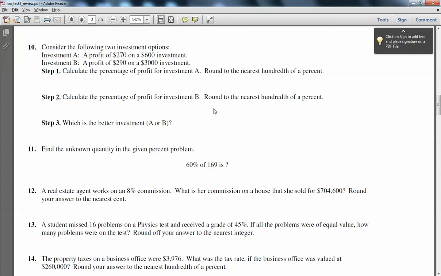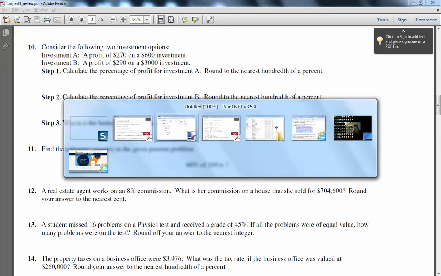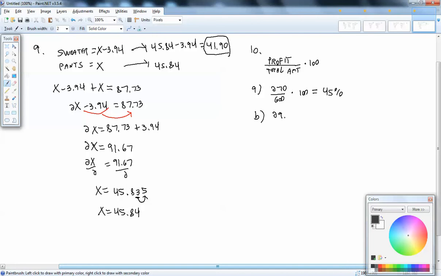And our second part, for B, 290 over 3,000, times 100.